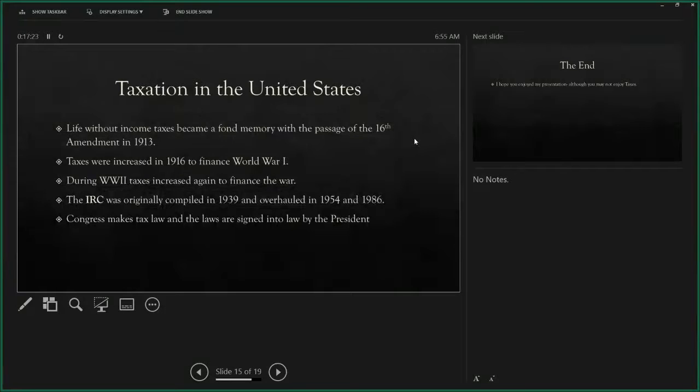Just as we discussed, the Congress makes tax law, and the laws are signed into final law by the president. Well, taxes are coming up again right now, as we all know. Tax day is April 15th. Last year, it got extended to July 15th because of the coronavirus.